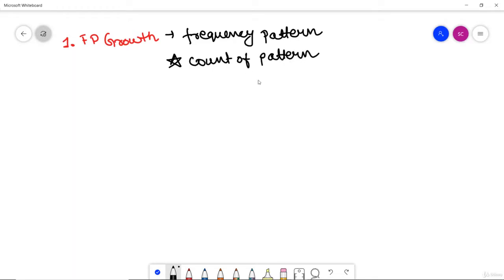As the counts of the pattern are repeated, it adds them to a table and then finds the most possible item and sets that as the root of a particular tree. For example, if you say this is the root and these are the several nodes, and again it is further classified into nodes.